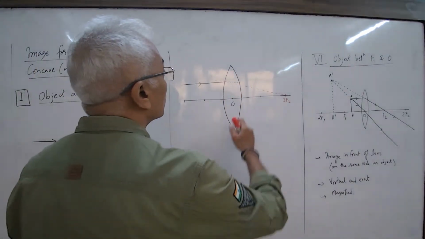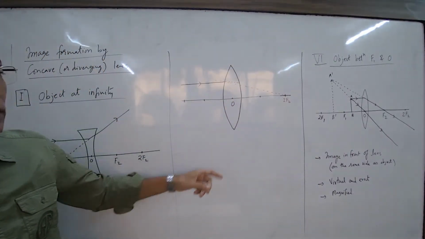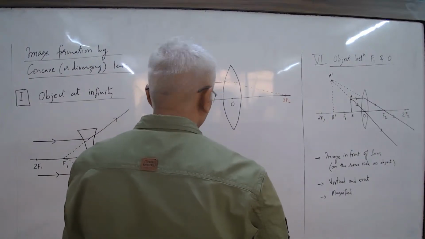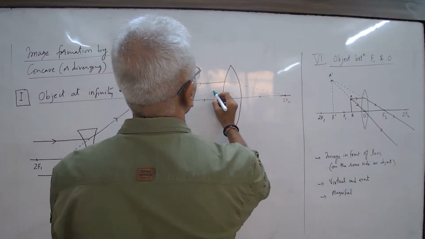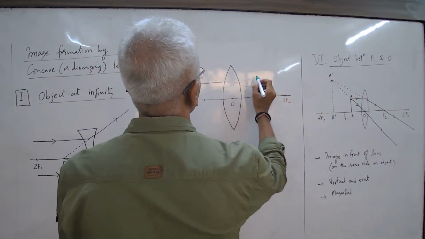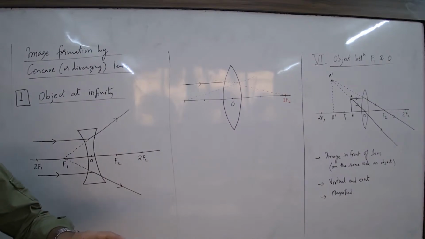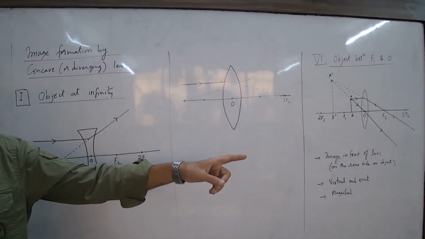So where is the normal for this point? This is the second surface. The normal is this. Sir, the normal is perpendicular to the incident ray? Like, the normal in refraction is the radius at the point of incidence.